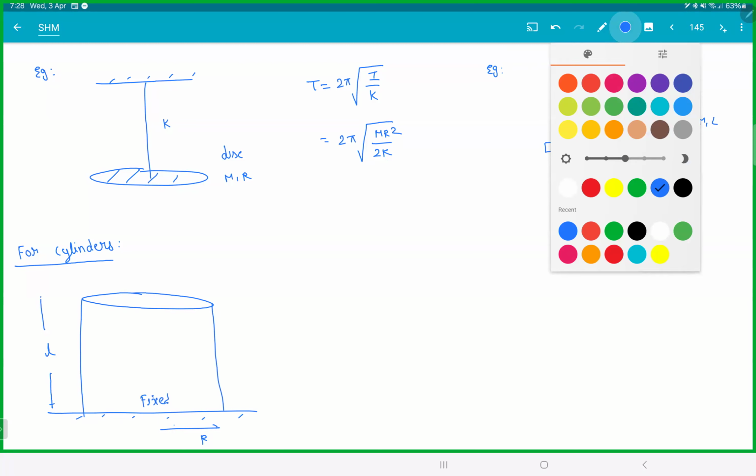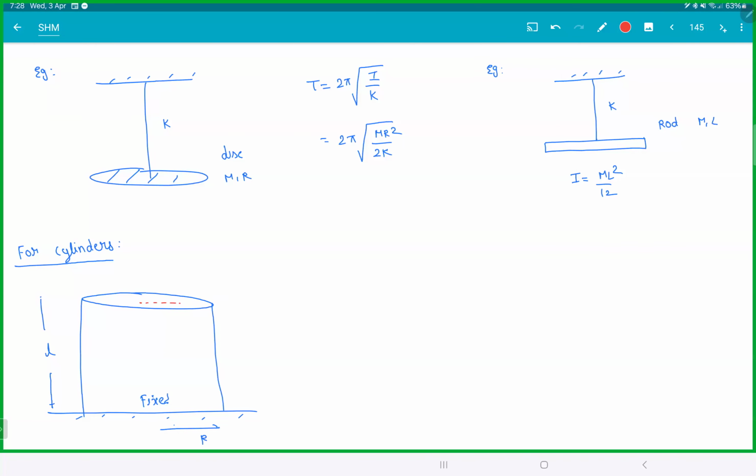If you try to twist this cylinder, the torque comes out to be pi eta r power 4 by 2L into theta.